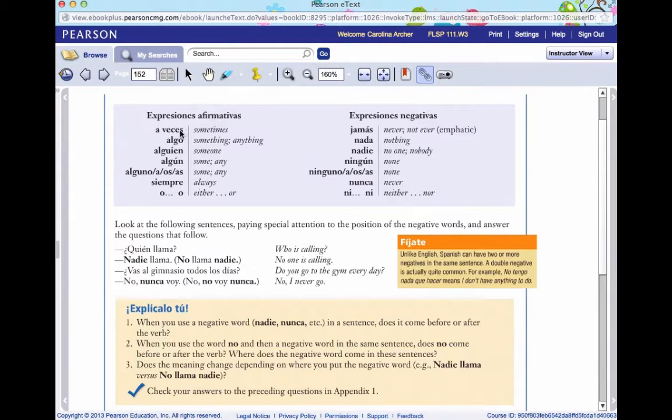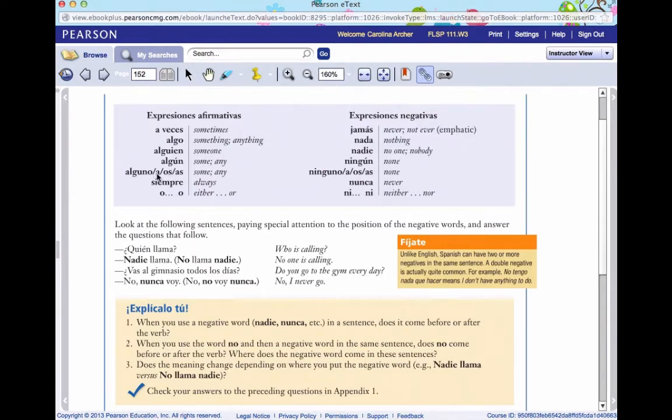Expresiones afirmativas: a veces, algo, alguien, algún, alguno, alguna, algunos, algunas, and they all mean some and any, except that algún is used when it is followed by a noun that is masculine and singular. Okay, and alguno, alguna, algunos, algunas is used when the noun does not follow. Okay, except for the feminine.